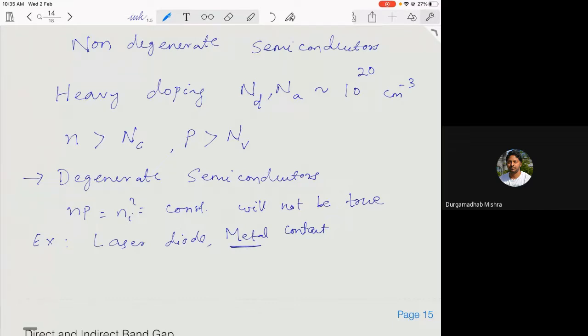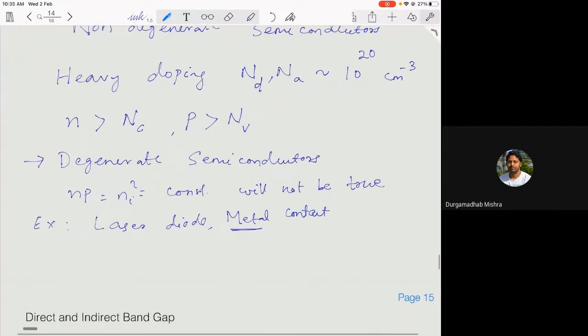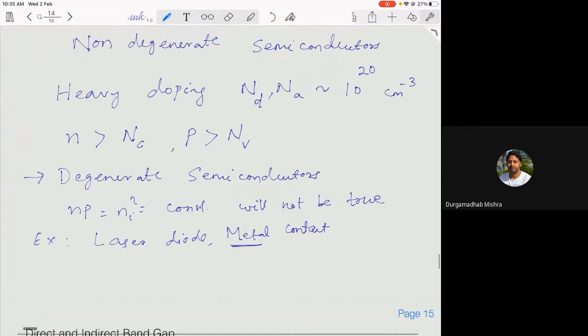So with the same semiconductor, depending on the doping level, you can make it an extrinsic semiconductor, which will be used in an N and P device, a diode or something in a normal device. You can then dope it heavily and use it as a metal contact as well.